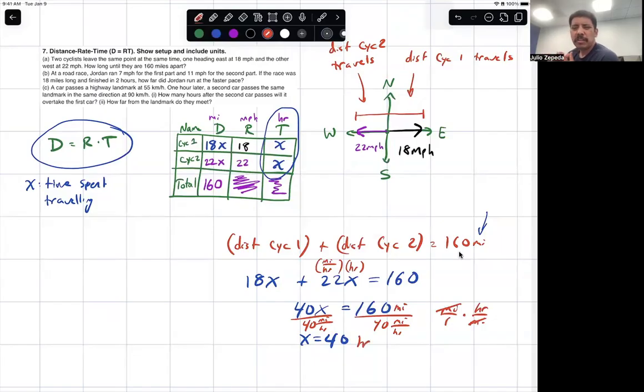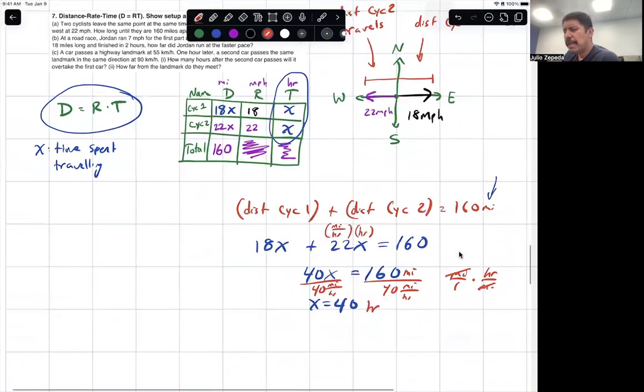Okay, so we have to be a little bit careful here, and we should check the question. It says, how long until they were 160 miles apart? Well, they're asking for a time there, and that's exactly what we found. So we are done. If they had asked, how far does each person travel until the moment when they are 160 miles apart? Well, in that case, you can find the individual distances here with these two expressions. Okay, but we weren't asked for that, so I won't find that. 40 hours.